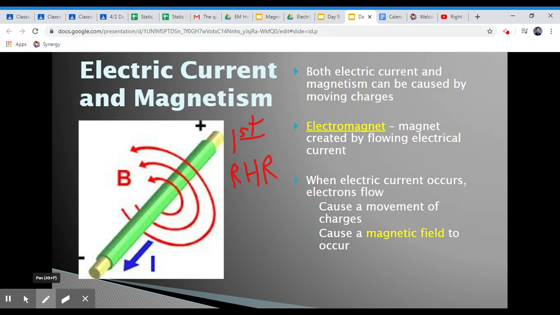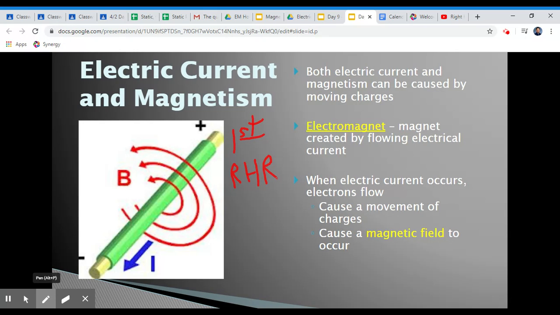A common lab that I like to do if we were in class is to take current and run it through a wire, and then wrap that wire around an iron coil or a nail a bunch of times. You can get the electrons within the nail spinning in the same direction. You create a giant electromagnet, and you can take that nail and pick up small things like paper clips.